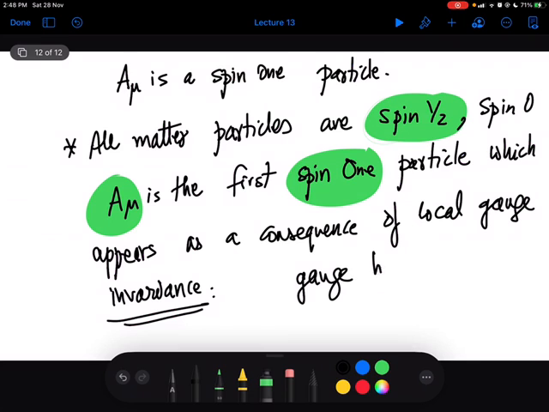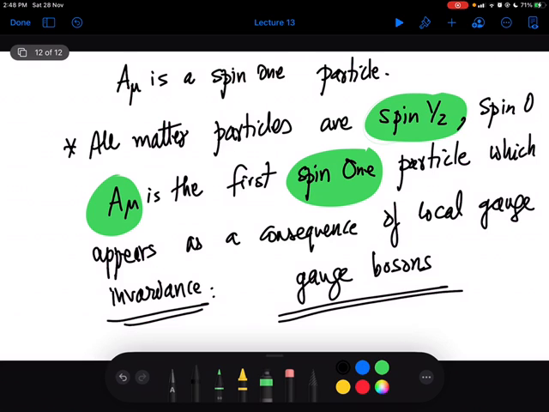Because I am insisting on local gauge invariance, it appears, and that's the reason why these A mu's are also called gauge bosons. It's a boson because it's an integer spin. It's not spin half, meaning it's not a fermion. That's the reason we call it a gauge boson, because this boson A mu appears purely to satisfy the local gauge invariance, at least the way we want to see it in this particular domain.